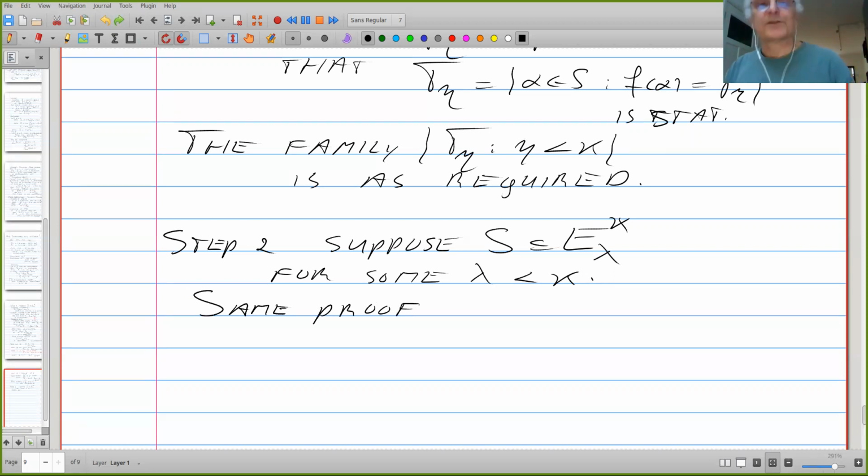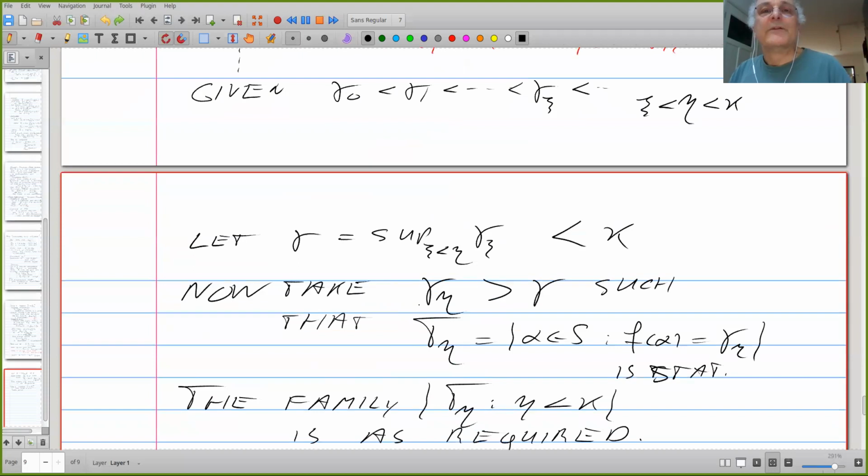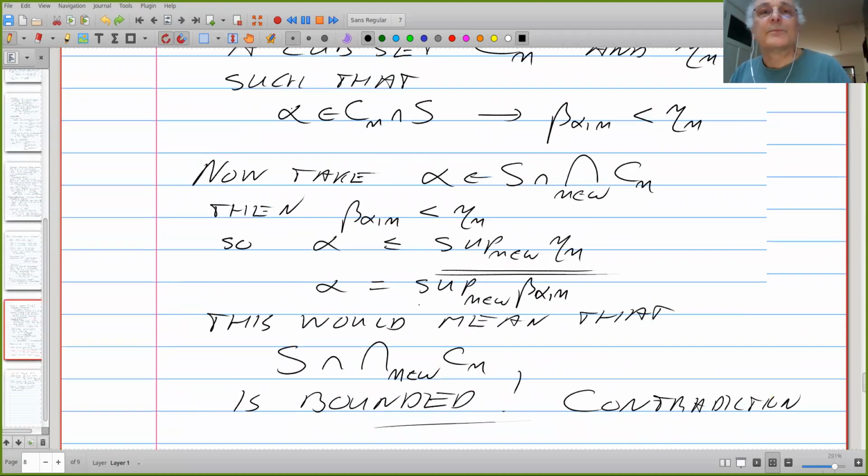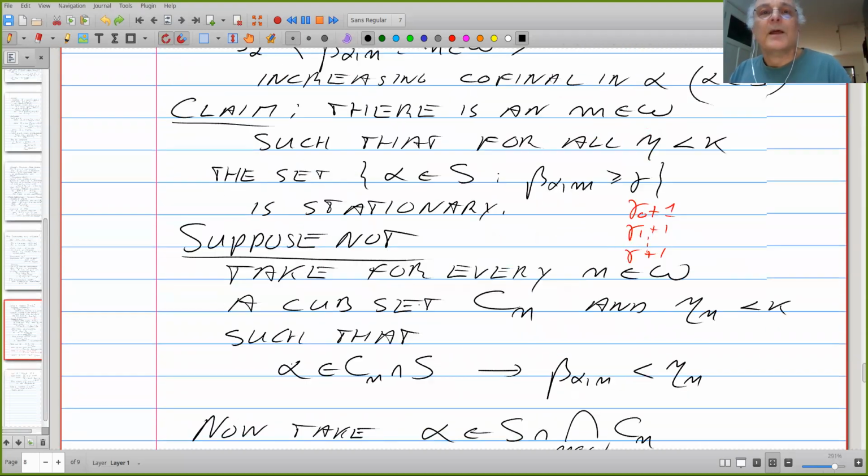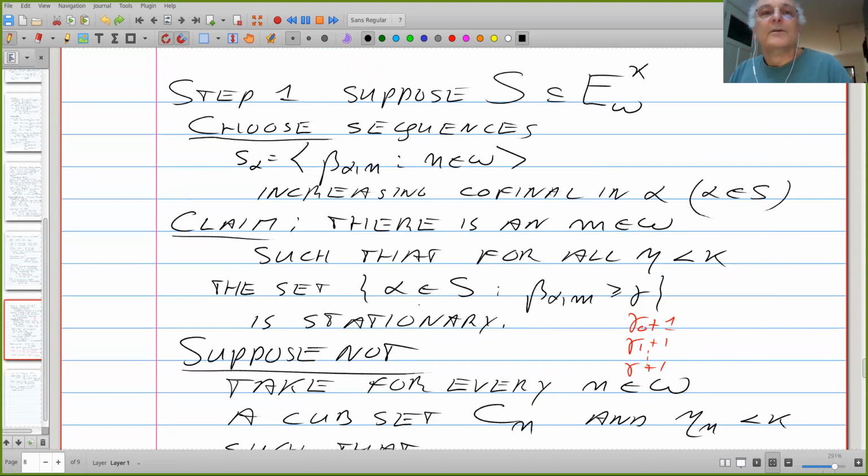Nothing really changes. So why didn't I write that down? Well, because I thought that maybe working with natural numbers looked a little bit more familiar. But if you go through this proof, we choose sequences and we replace omega by lambda. Increasing cofinal. The claim is there is an M in lambda.